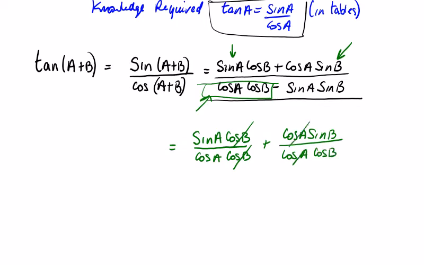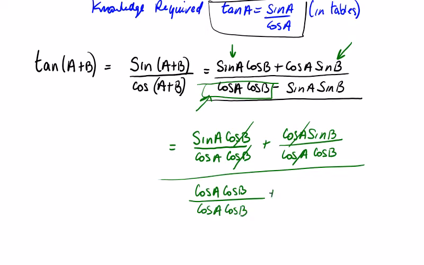The cos A's cancel. Over, we'll write it out the long way, cos A cos B. To get my 1, I'm dividing it by cos A cos B. And minus sine A sine B divided by cos A cos B.